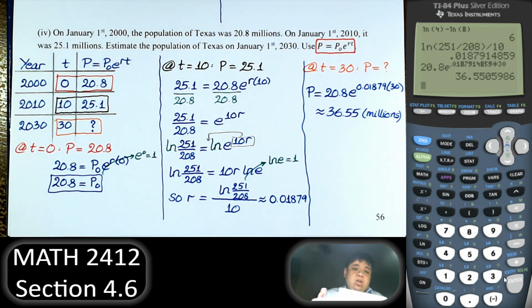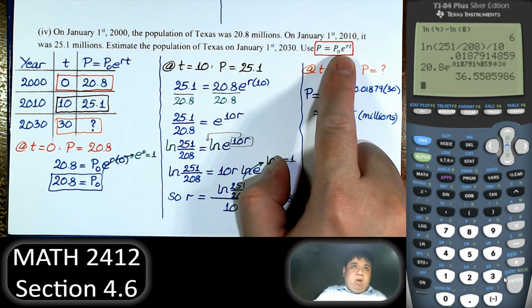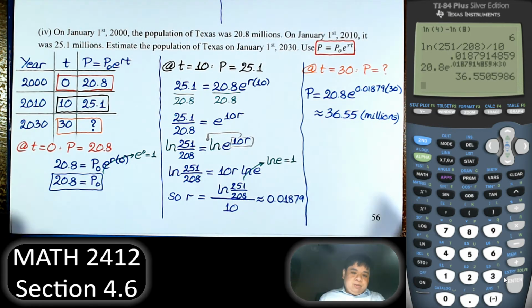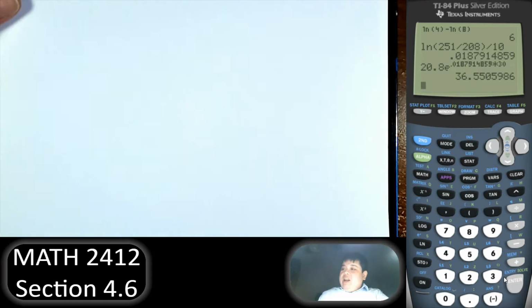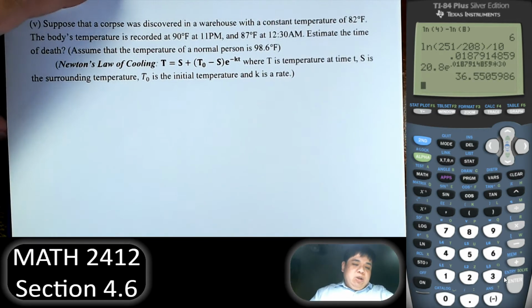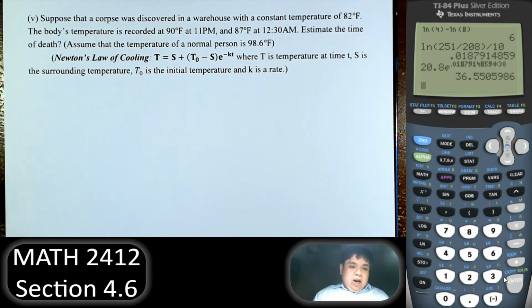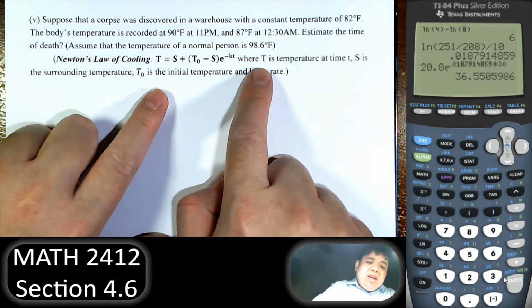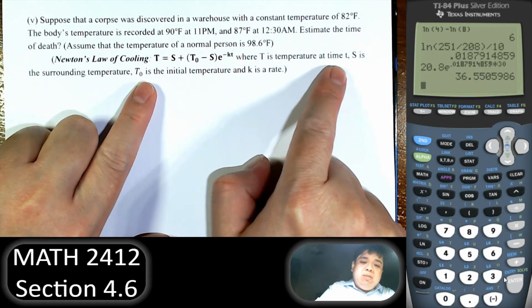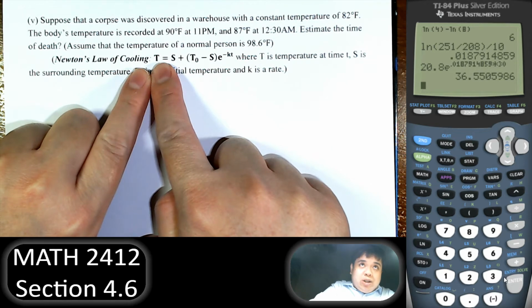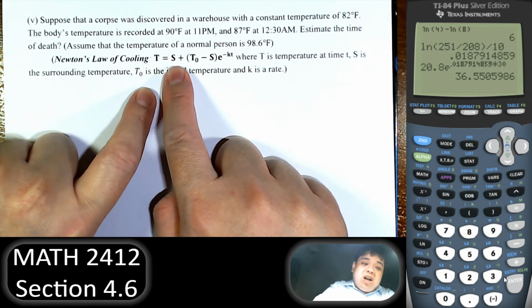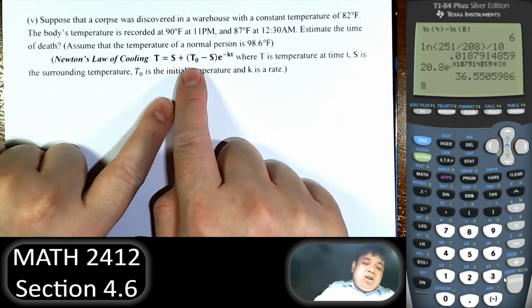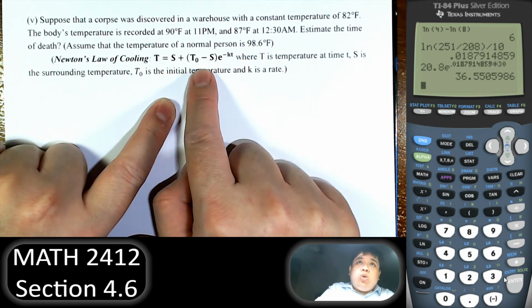Right. So that is the population model. Now we have a different model. This is called Newton's law of cooling. So let T be the temperature at time t. So this is a function of t. S is the surrounding temperature, so S is a constant. T naught is the initial temperature, which is also a constant.